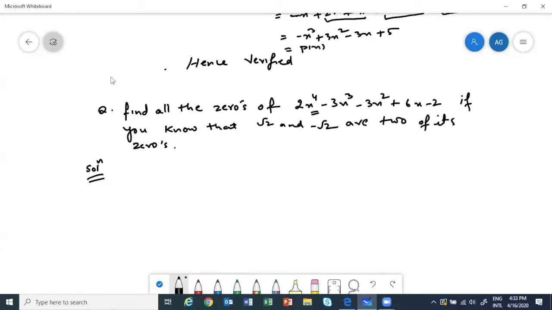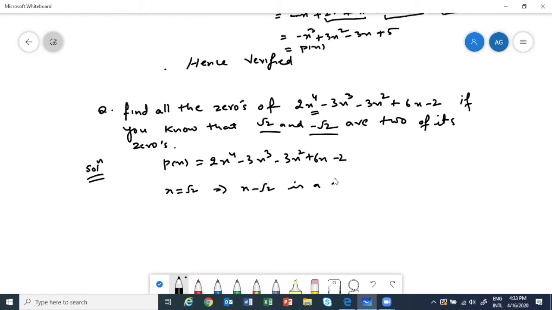So now what I'll do, first let me write the polynomial. 2x power 4 minus 3x cube minus 3x square plus 6x minus 2. Okay. It is given that these two are zeros, right? So if x is equal to root 2 is a zero, it implies x minus root 2 is a factor of it.